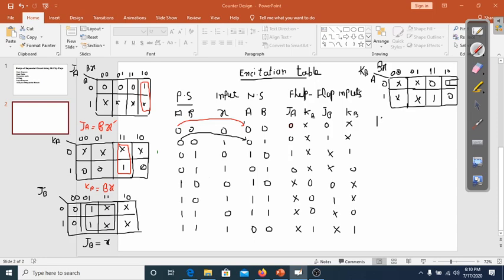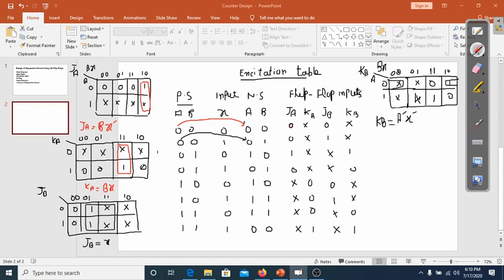So now the KB is equal to, for this cell, this can be simplified with this don't care condition. By simplifying this, this B complement will simplify with the B, so I will get X prime, and this is A prime or A complement. So A complement into X complement.